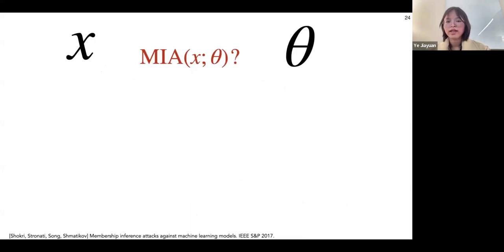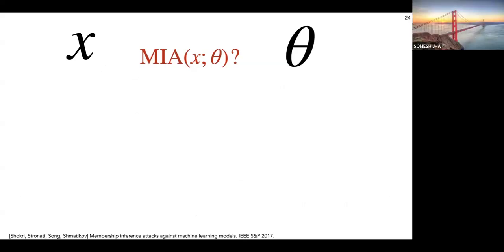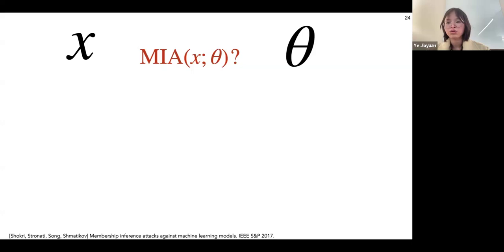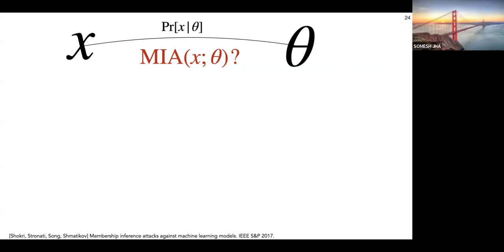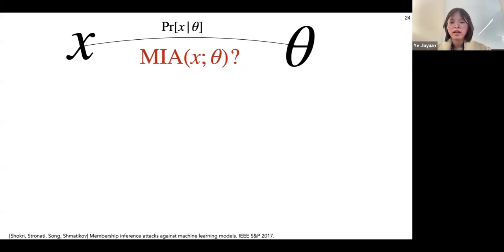Then the question really becomes, how can we use it to do a successful membership inference attack? So given target point X and target model theta, how should we determine whether the target is a member or not? Recall that we can compute this P of X given theta in a realistic manner.